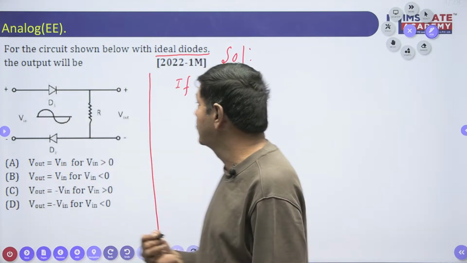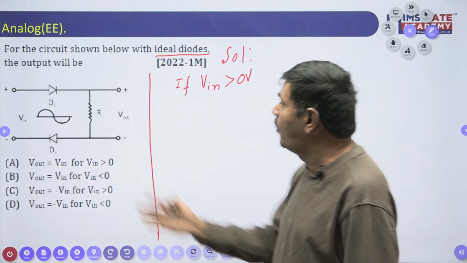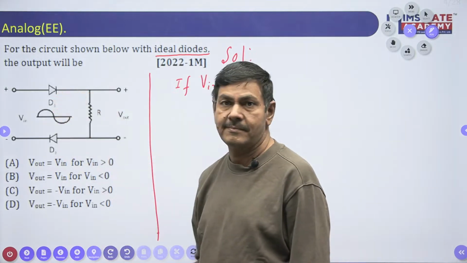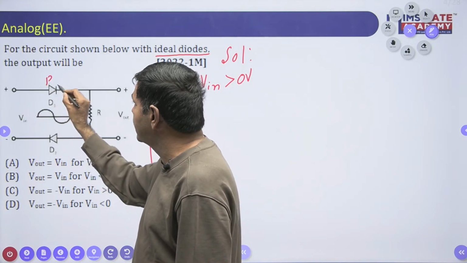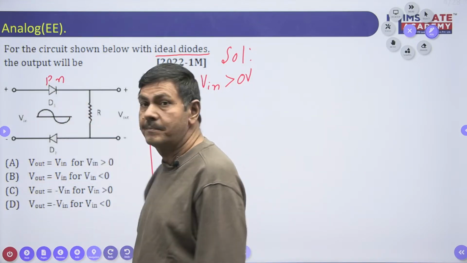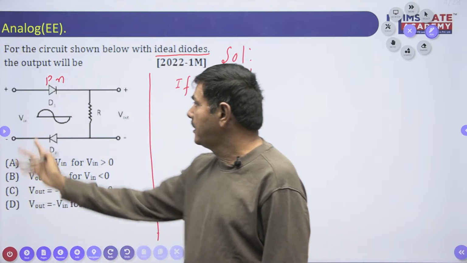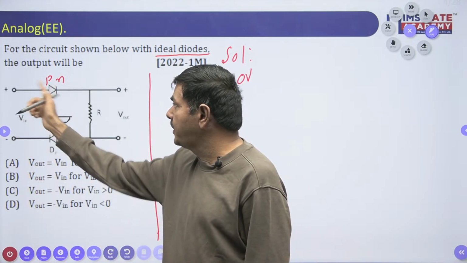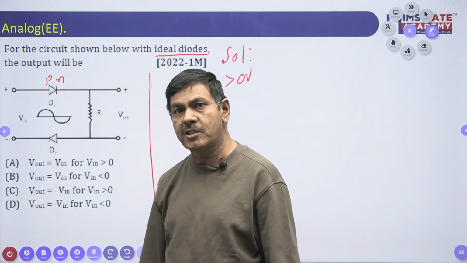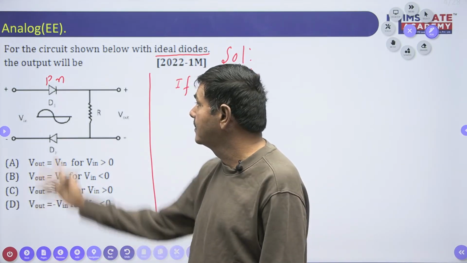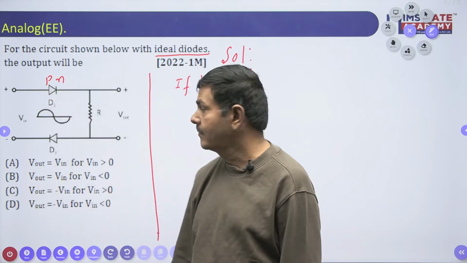If it is greater than 0 voltage, both diodes are forward bias. Because this is the p-type material, and the line indicates the n-type material. If you give a voltage greater than 0, P is connected to the positive supply. At that time, this diode is forward bias.